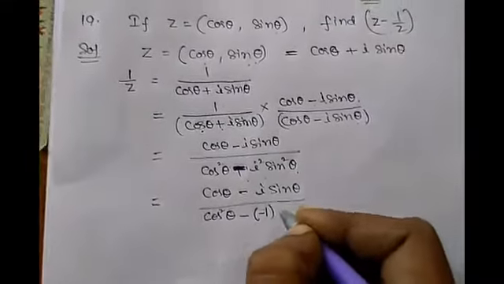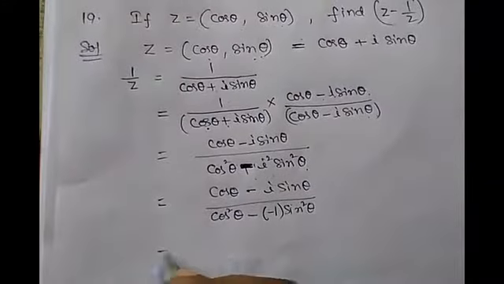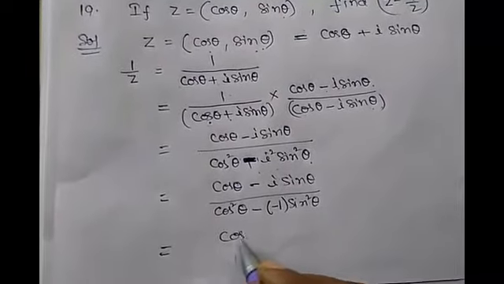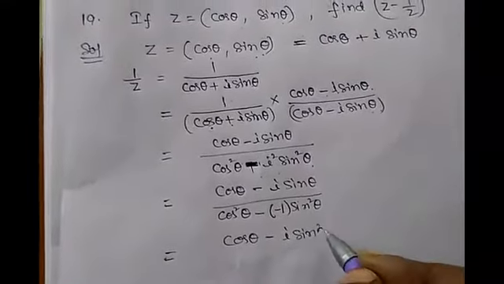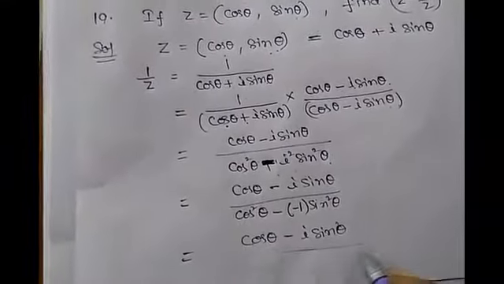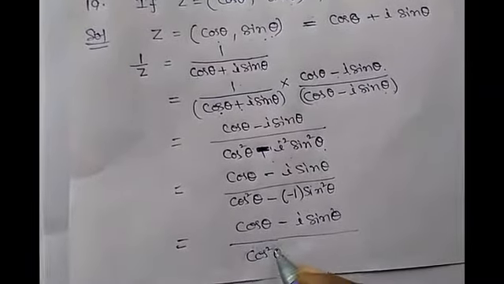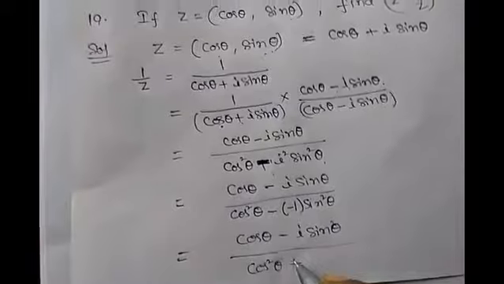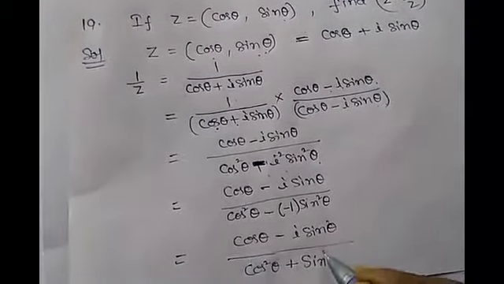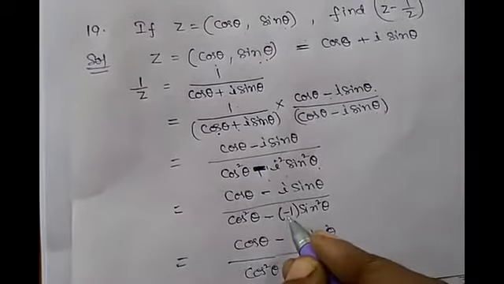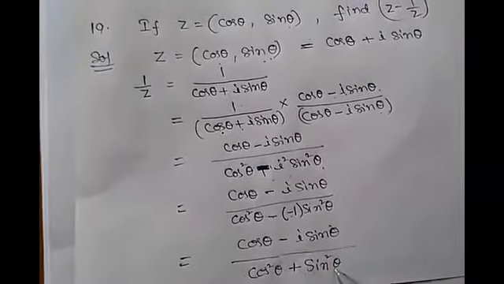Minus 1, so minus i square sin square theta, which equals cos theta minus i sin theta by cos square theta plus sin square theta. Minus into minus gives plus, 1 into sin square theta gives sin square theta only.